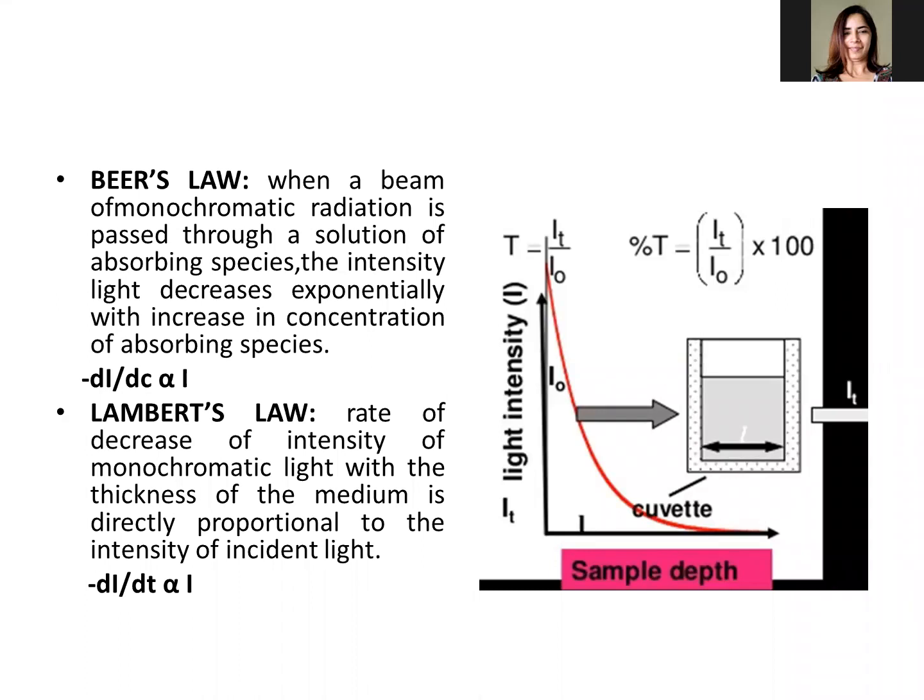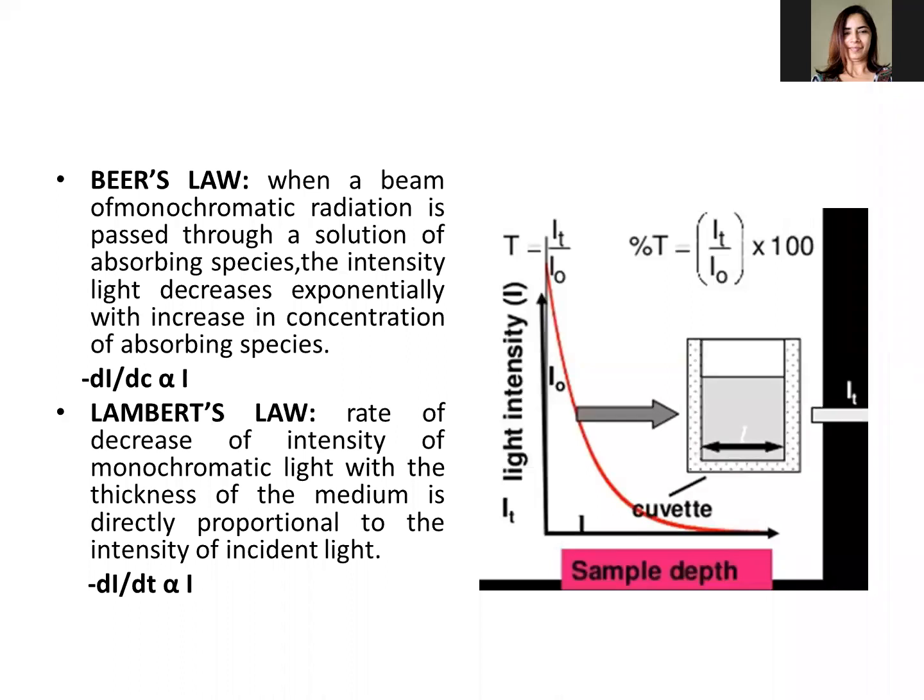According to Beer's law, when a beam of monochromatic radiation is passed through a solution of absorbing species, the intensity of the beam of monochromatic light decreases exponentially with increasing concentration of the absorbing species. That is, dI upon dC is directly proportional to the decrease in the intensity.